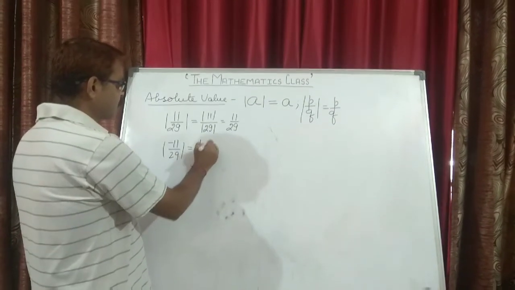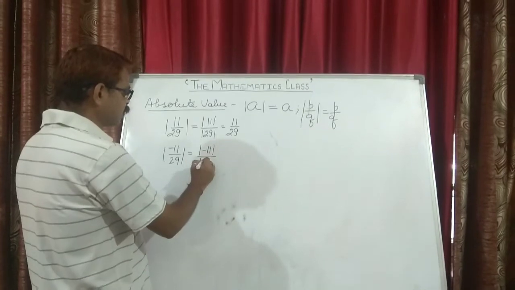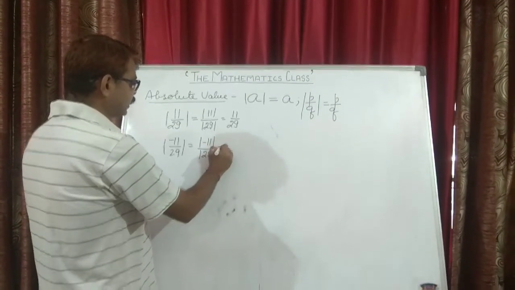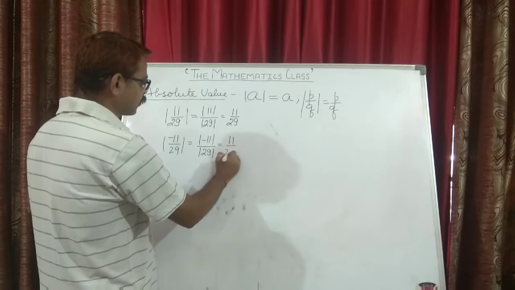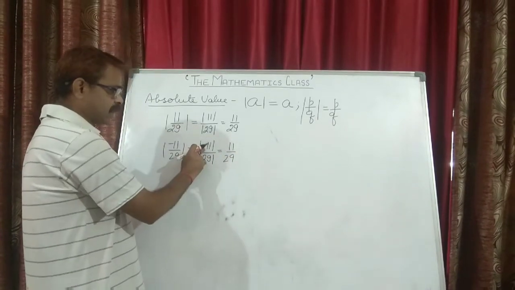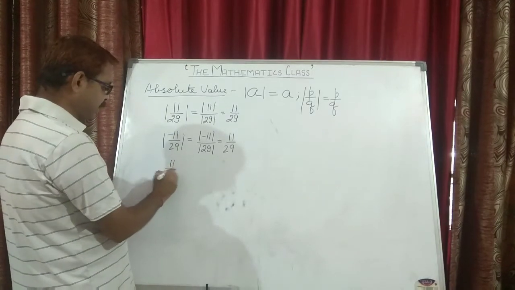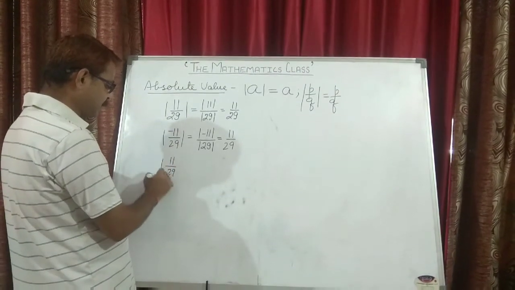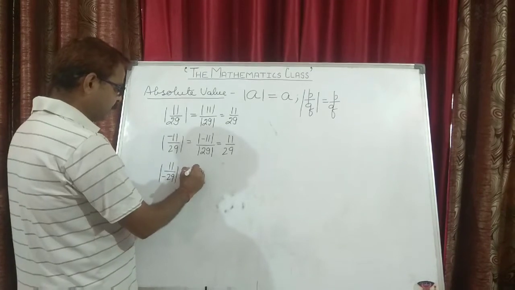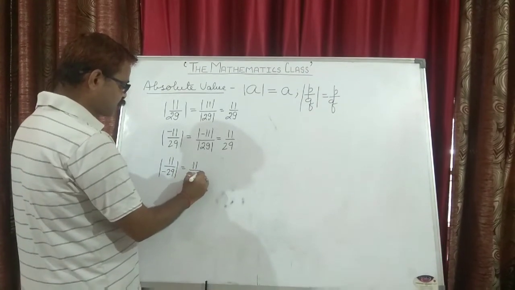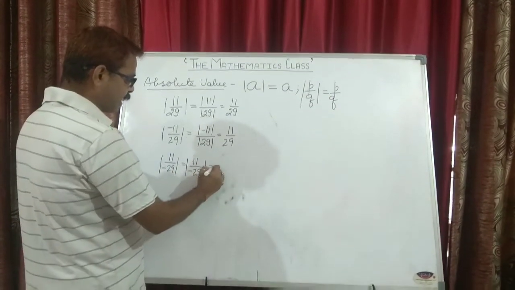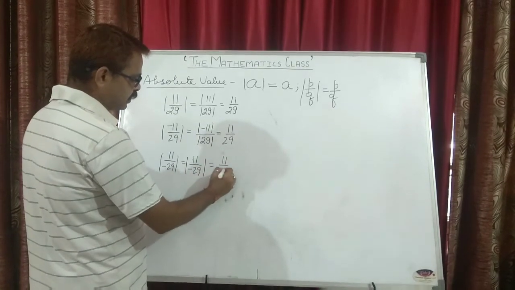This will be mod of minus 11 upon mod of 29, that is again 11 upon 29. This negative, when it comes out of the modulus, becomes positive. Similarly, I take 11 upon minus 29. That is mod of 11 upon minus 29, and that becomes 11 upon 29.